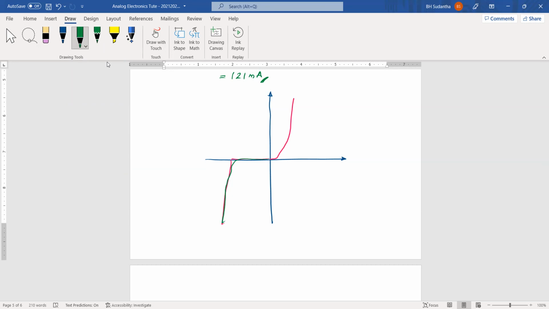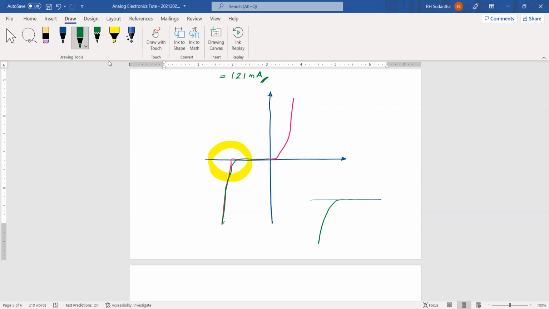And here, if we take this one, it's something like this. Okay, it's not straight away bending like this.